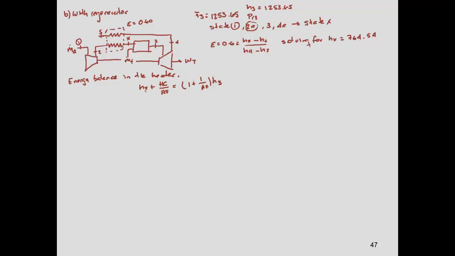The only unknown is the airflow ratio, so we solve for the airflow ratio, and this Af is HC minus H3 divided by H3 minus HX.